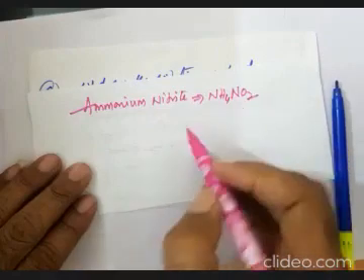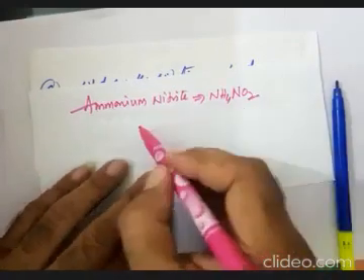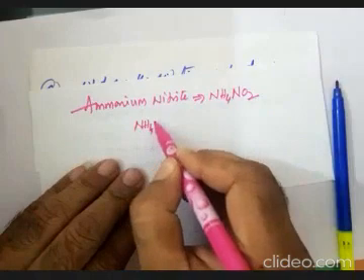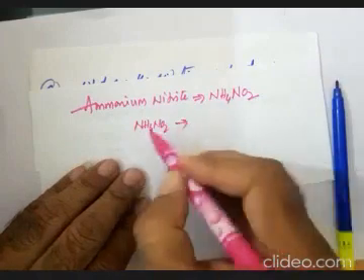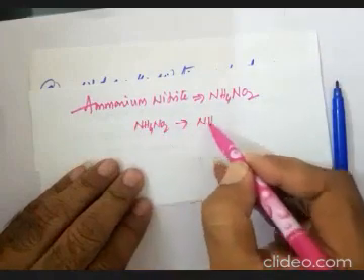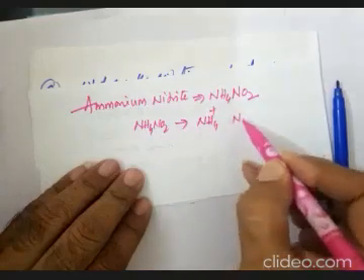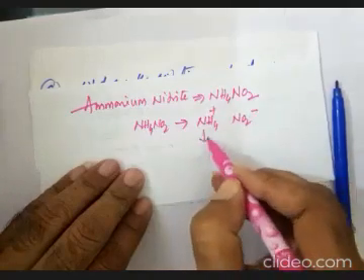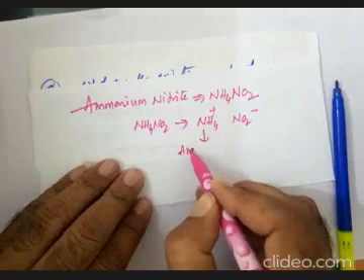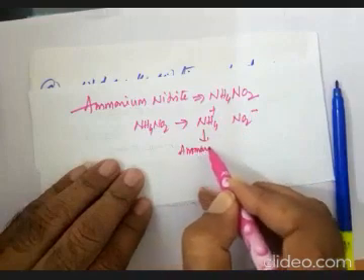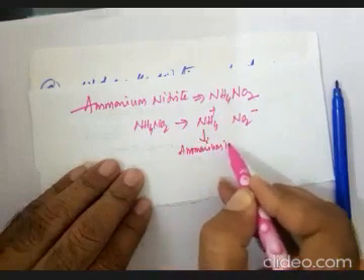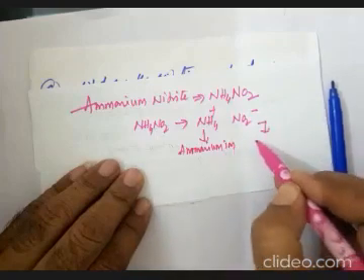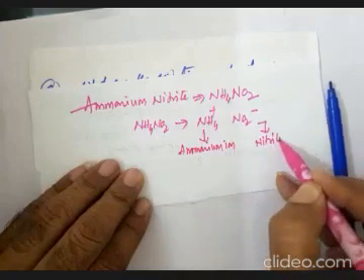NH4NO2. Split the salt: NH4+ plus NO2-. This is the ammonium ion. This one is the nitrite ion.